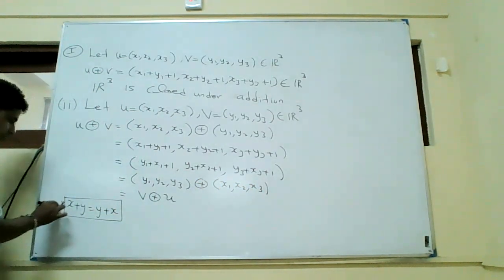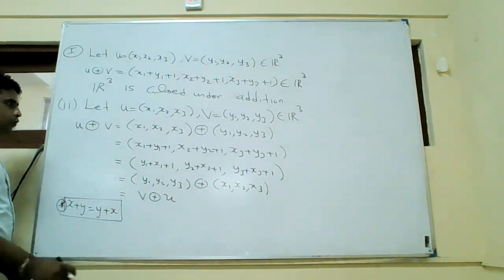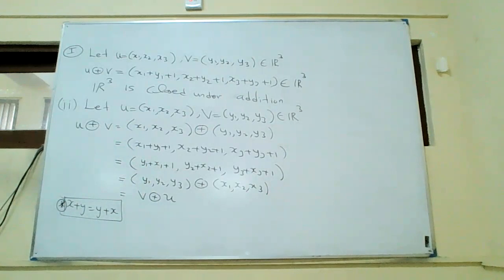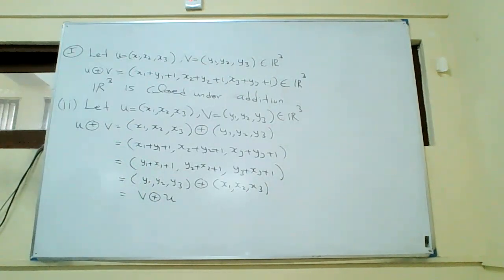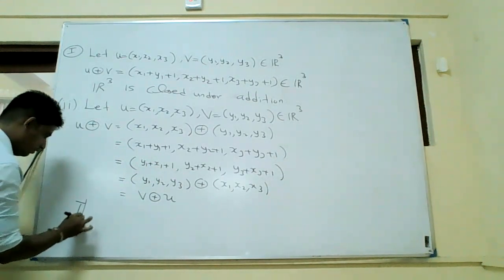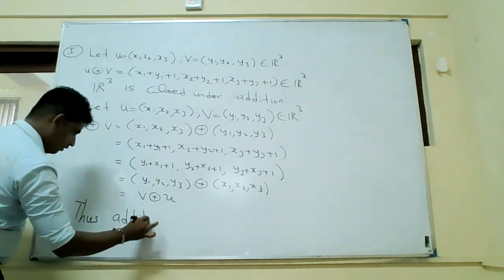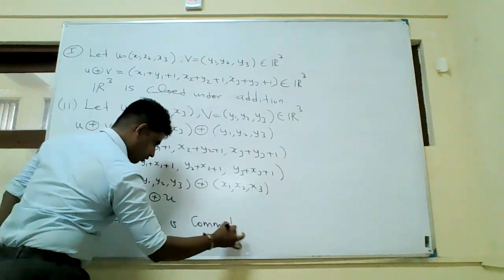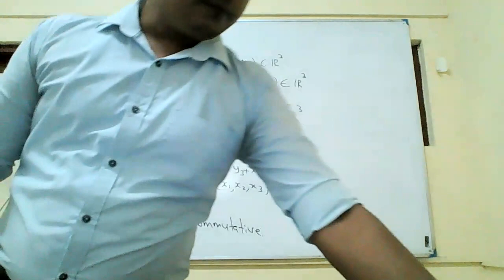These things I will use here. Now we have proved this vector addition is commutative. Thus, addition is commutative.